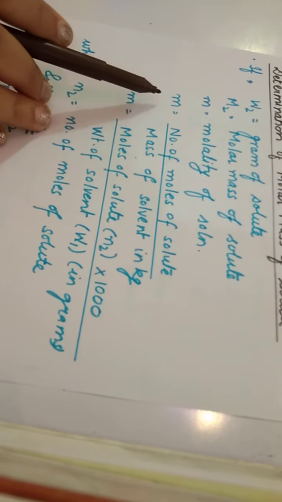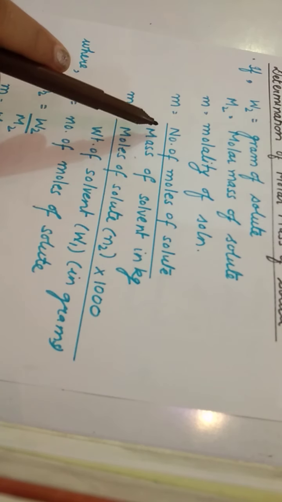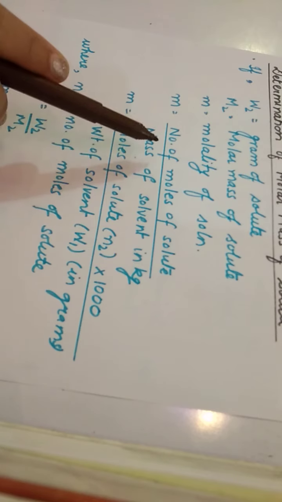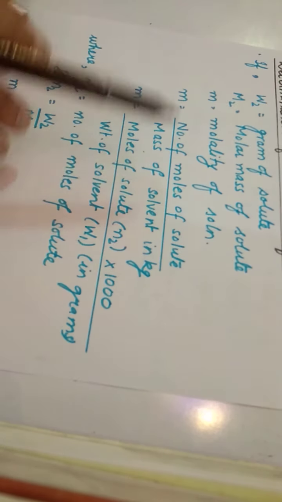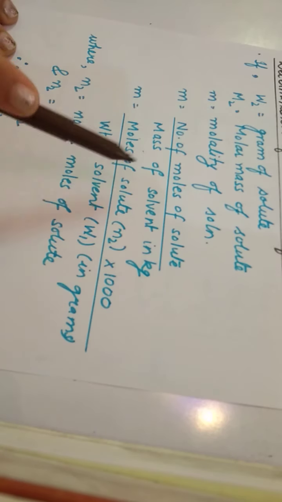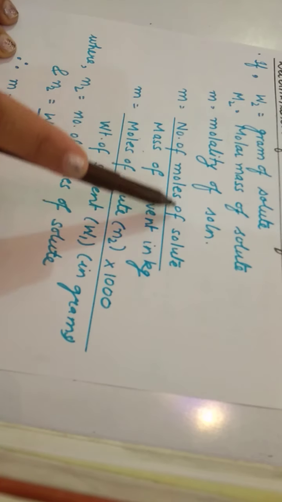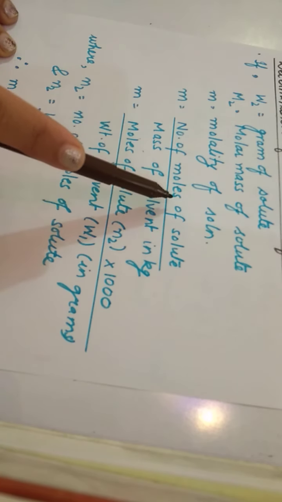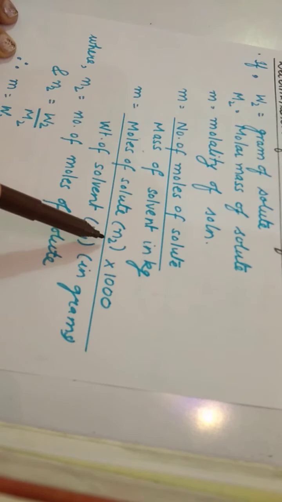You know what molality is. It is represented by small m. Molality is equal to, we have already done this formula, number of moles of solute divided by mass of solvent in kg. The number of moles of solute we represent with small n, so for the solute we write n2.